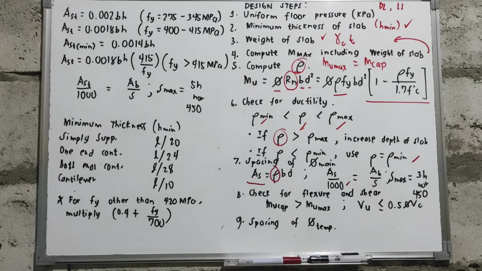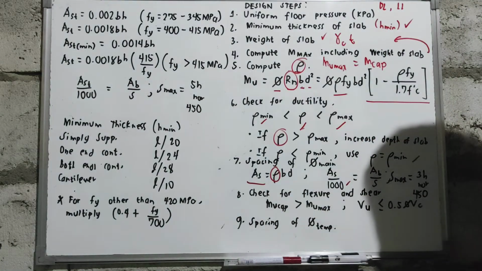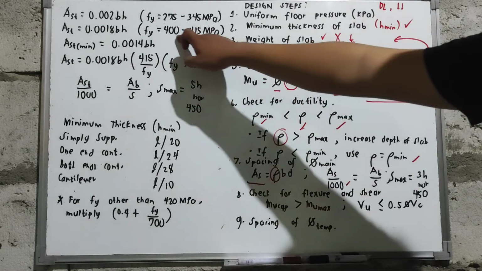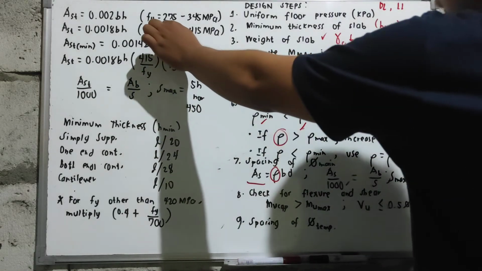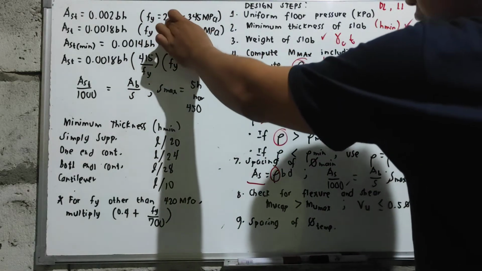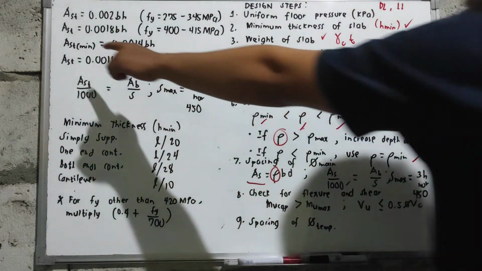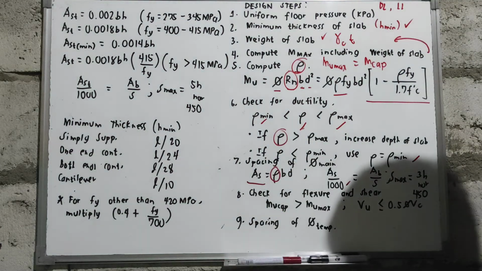So kapag temperature bars naman, in computing for the total area ng temperature bars natin, we're going to refer kung ano yung given natin na Fy. If your Fy is within the range of 275 megapascal to 345 megapascal, your Ast will equal to 0.002 bh.